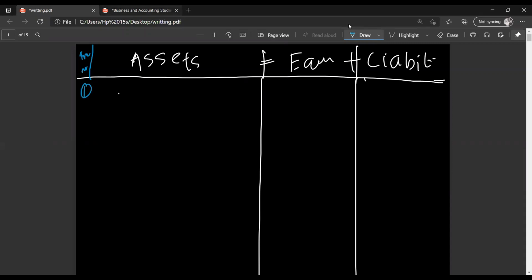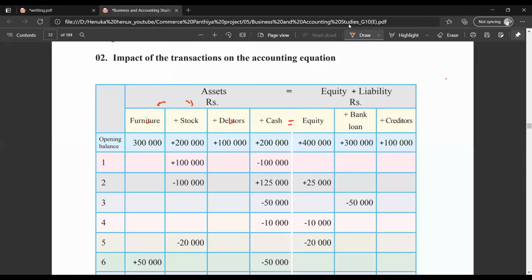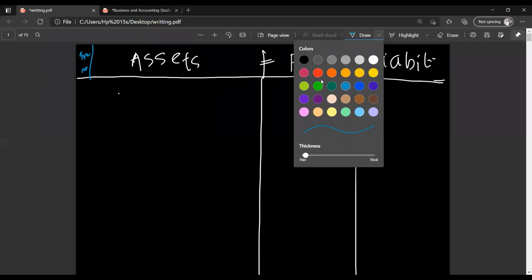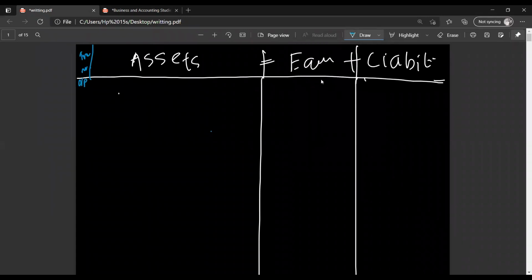Yes, definitely we should put the opening balances. First of all we need to take out our opening balances. Write down the opening balances here.